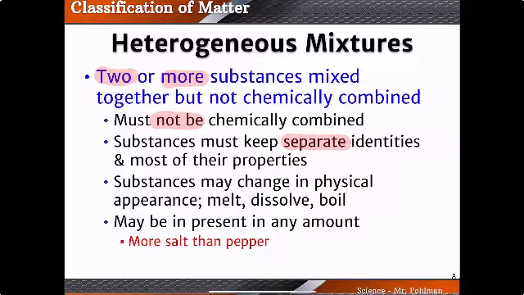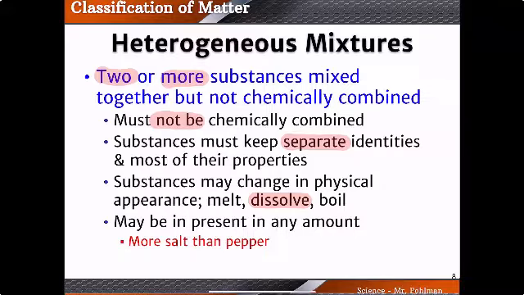Now, it's not to say when you mix things together that all of the substances are going to keep their exact properties, because when you mix some things together, you might get some dissolving. All right, so you put sugar in the water, let's say. Now, that's not a heterogeneous mixture, but I'm just using this as an example.